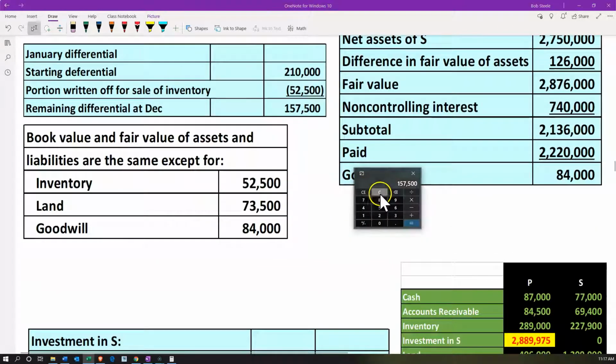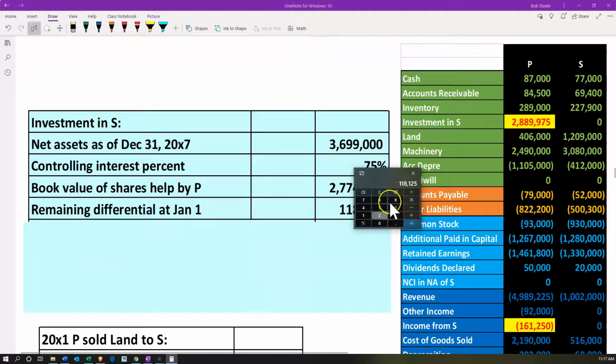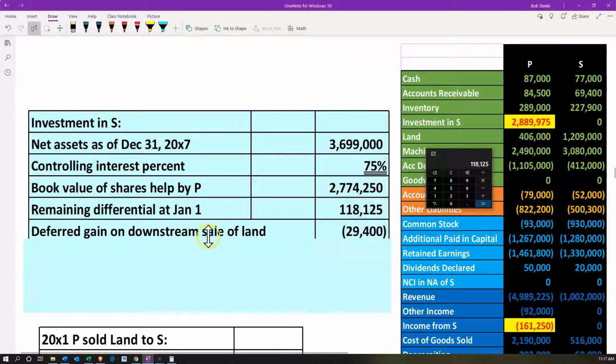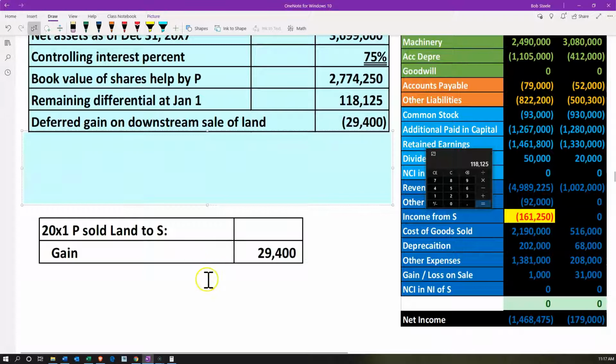There it is. We're going to take the 157.5 times 0.75, and that's going to give us our 118,125. Then we have the deferred gain on downstream sale of land. That was given to us in the data. So here's the data. We have this gain resulting, but the gain rolled into the equity section.